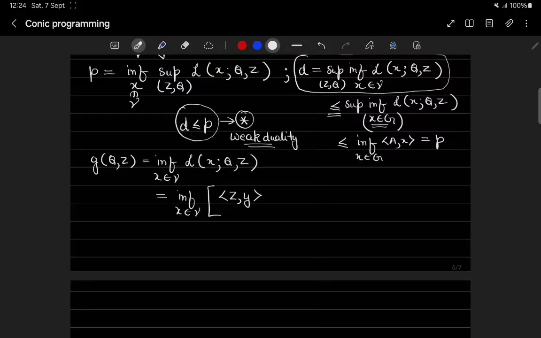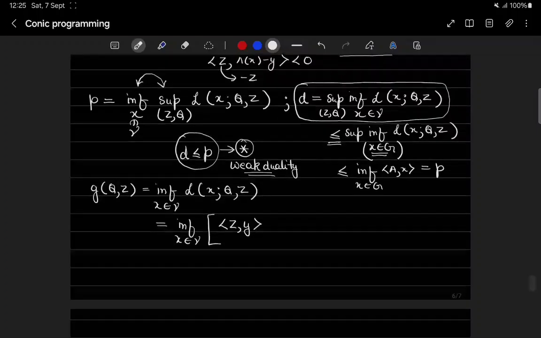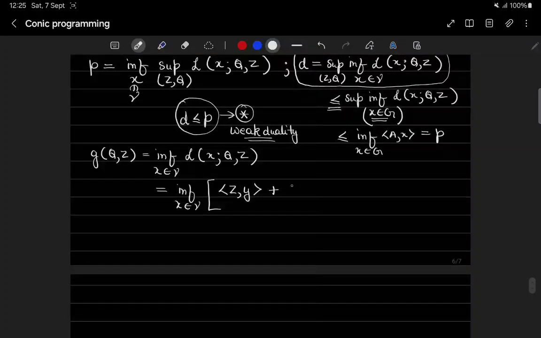So what I am doing is separating the Lagrangian into parts which give rise to the Lagrange multiplier from the equality constraint and the other constraint of x belonging to the set K. So this can be written as this plus a minus lambda star z minus q and x. You can check that this is the Lagrangian.